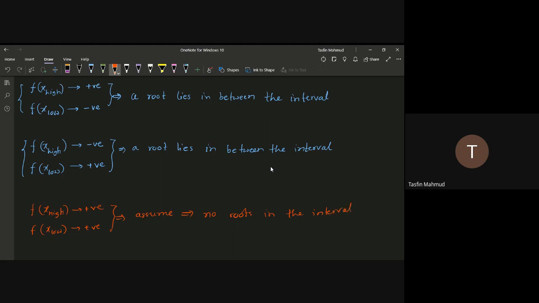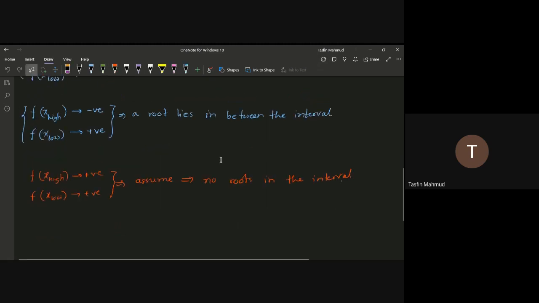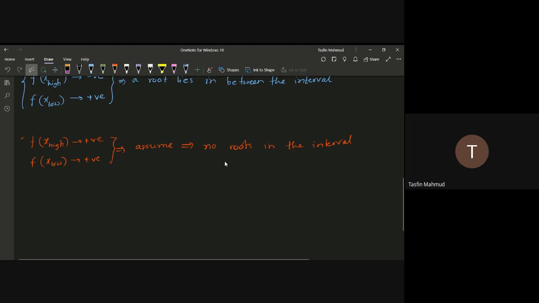And the same case is applicable if both of the function values are negative, like f of x high is negative and f of x low is negative as well. If this type of scenario occurs, then we will assume that no roots exist in the interval.